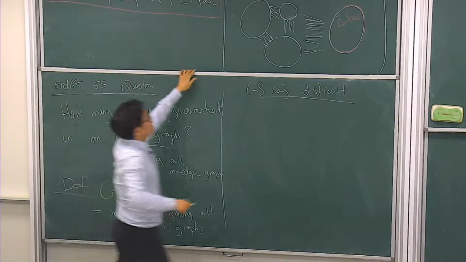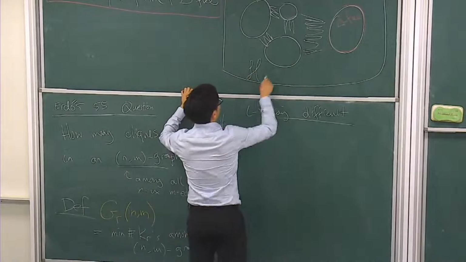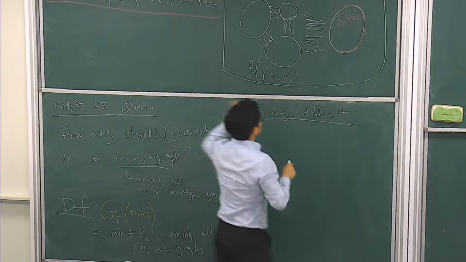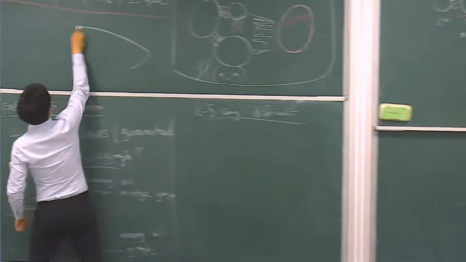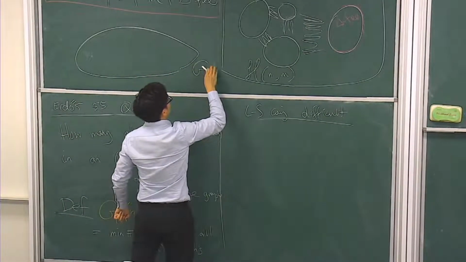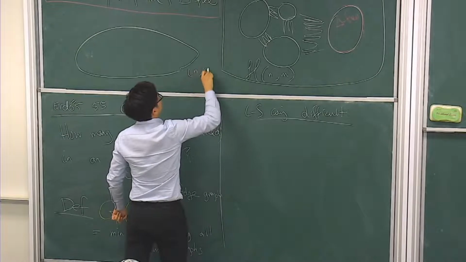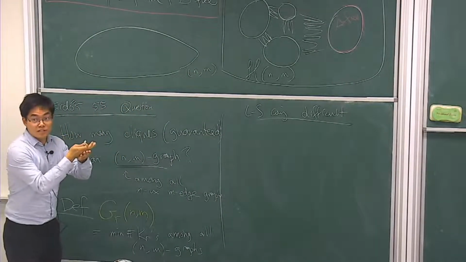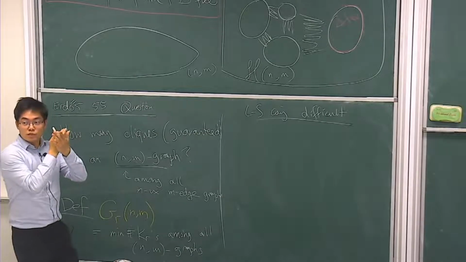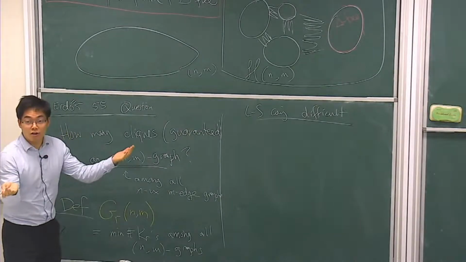Then now I can define this family. Let's say I call it H and M. So what is this? Originally Erdős' question is that if you look at all the n vertex m edge graphs, then he asked which one is the minimizer. And Lovász and Simonovits are basically saying that you don't need to look at all the graphs.